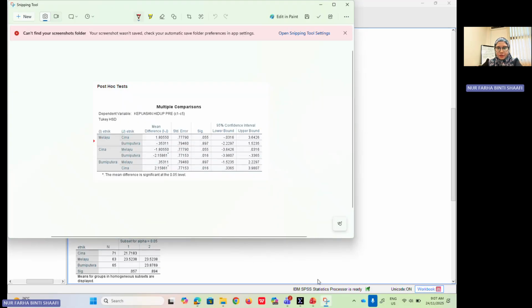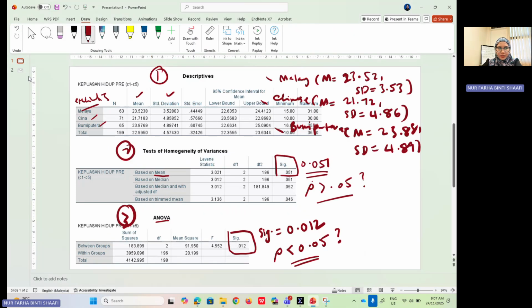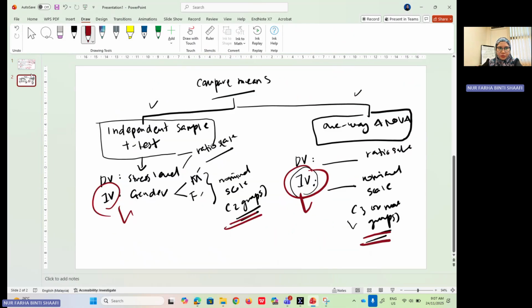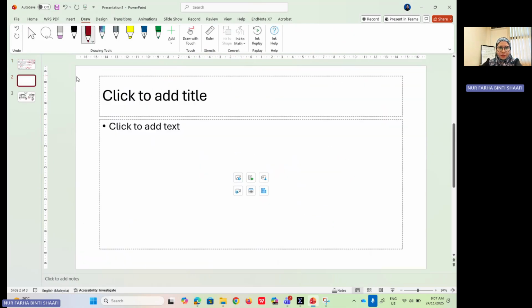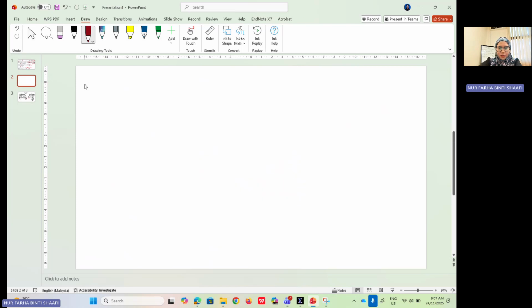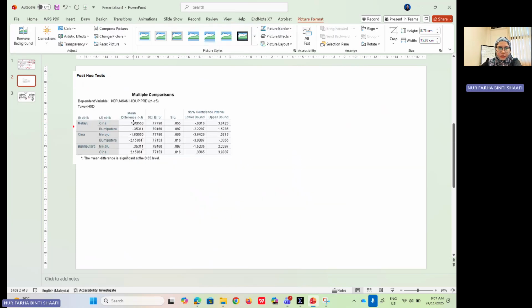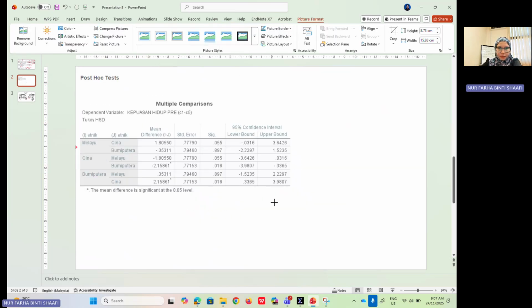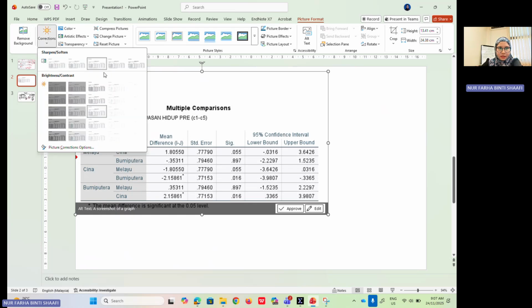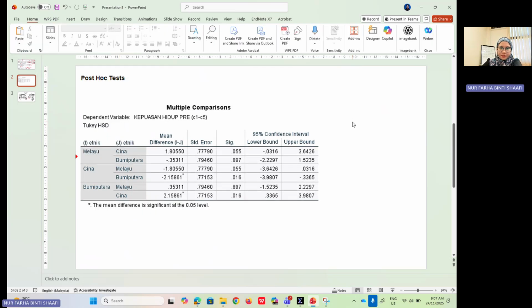And then I will copy and paste on this PowerPoint slide to make sure that you are able to observe in a larger scale. I make it larger. All right.